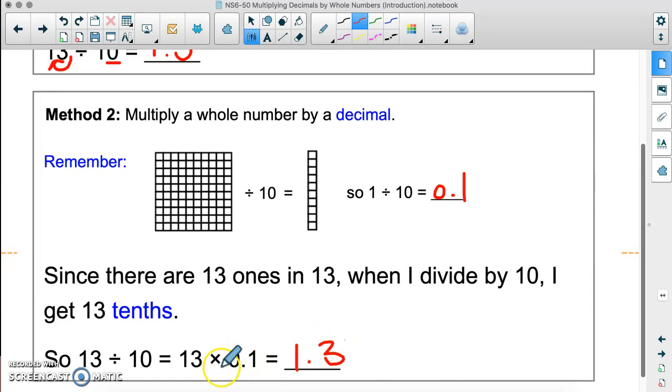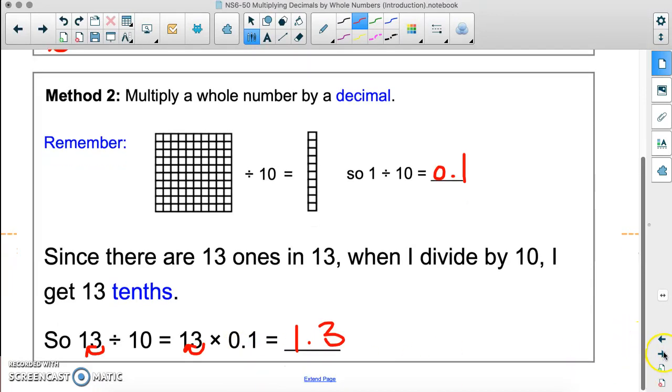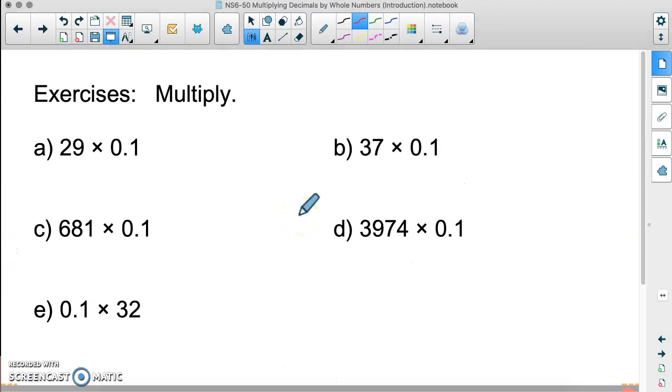So this as well is going to give you 1.3. We learned yesterday that when we divide by 10, we move that decimal place 1 to the left. So just like we did here by multiplying by 0.1, we've moved that decimal place 1 to the left. So how many places did we shift? We shifted it 1 to the left. So to multiply by 0.1, you shift the decimal point in the same way, 1 place to the left. So let's do these exercises.